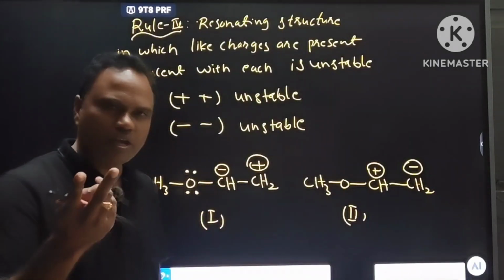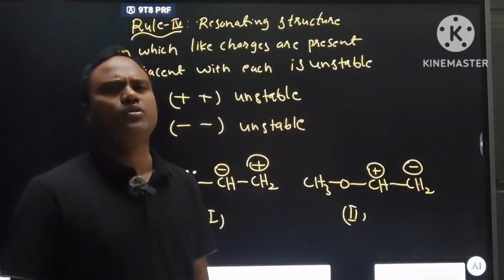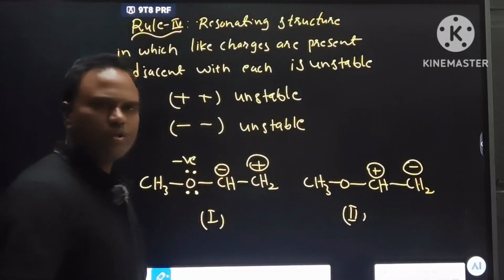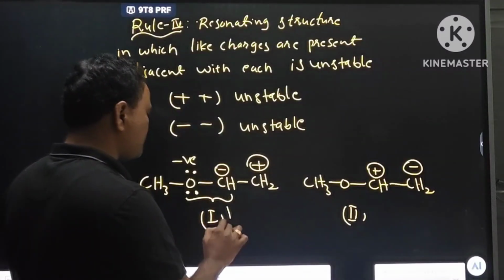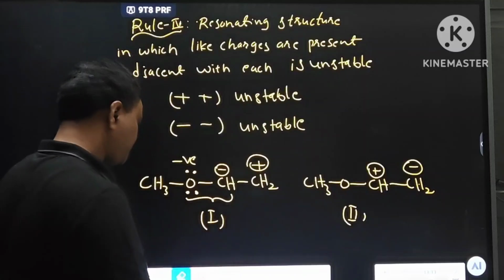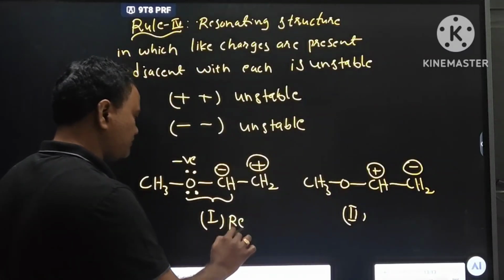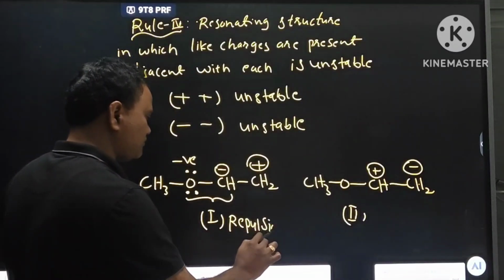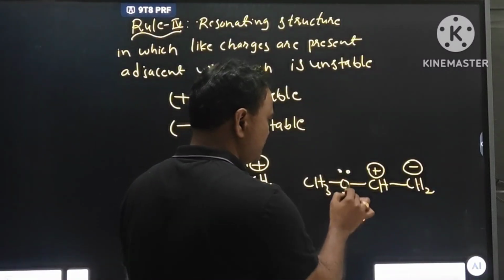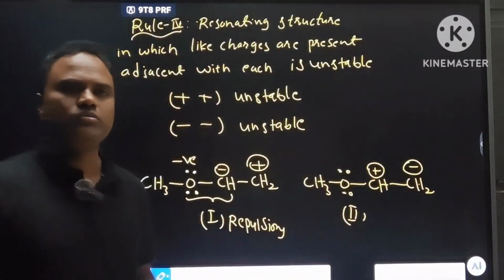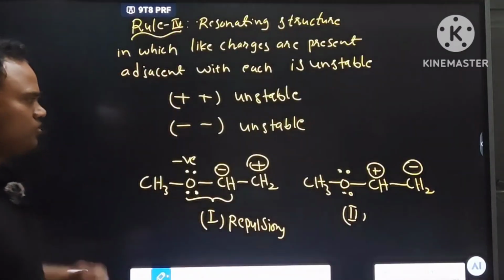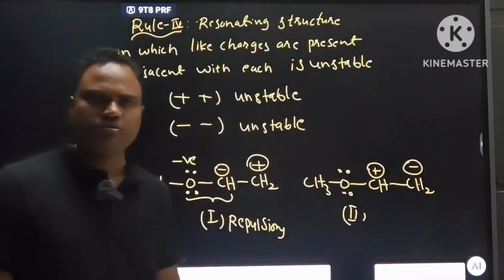Oxygen has a lone pair of electrons, and electrons are negatively charged particles. This is negative, here also negative, so there are repulsions. So this is unstable. Negative, positive: stable, opposite charges. Clear? This is about the conditions to draw resonating structures.